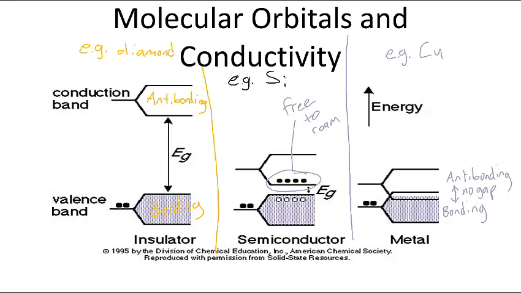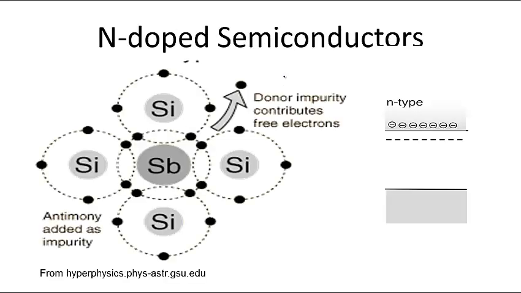Now what you can do to increase conductivity is to add a little bit of a different element that has more valence electrons. So if you take silicon and you add in some antimony, that has 5 valence electrons. That 5th valence electron is now not going to reside in the valence band. It's going to reside in the conduction band. We call this an N-type semiconductor. The N stands for negative.